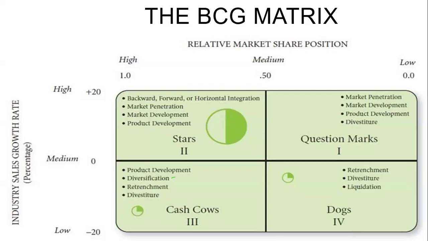So with the divisions or product lines that are characterized as dogs of the parent company, the idea is that that particular division has a low market growth rate and at the same time a low relative market share potential.